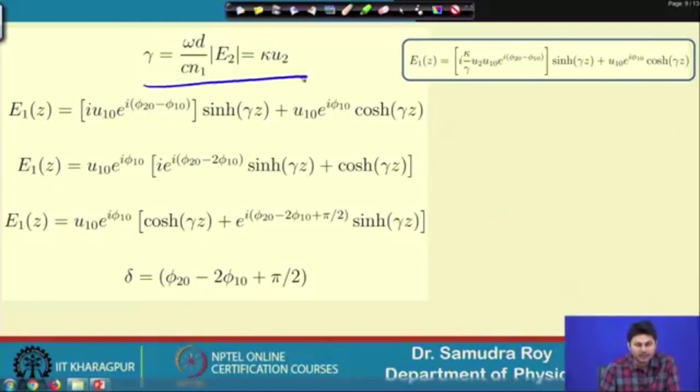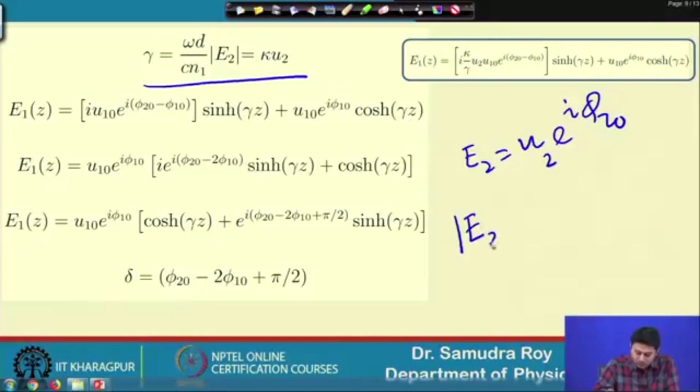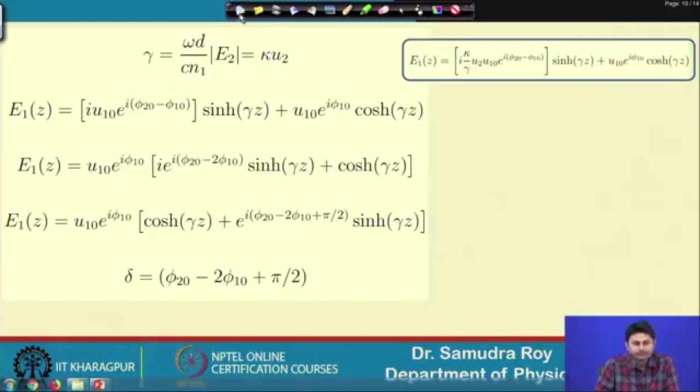So, gamma is omega d divided by c n1 mod of u2, and u2 was defined as E2 is defined as u2 e to the power of i phi 2 0. So, mod of E2 is simply u2, that means only the amplitude part. And omega d over c n1 is nothing but kappa. So, gamma becomes simply kappa u2, and this is the term that we have derived in the last slide.